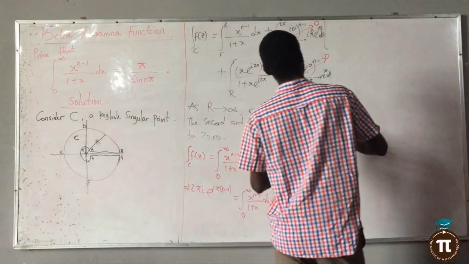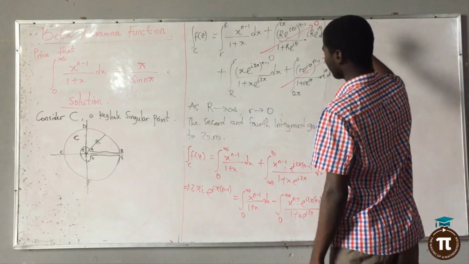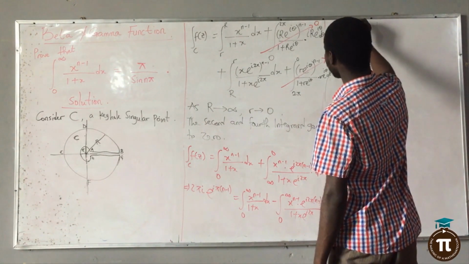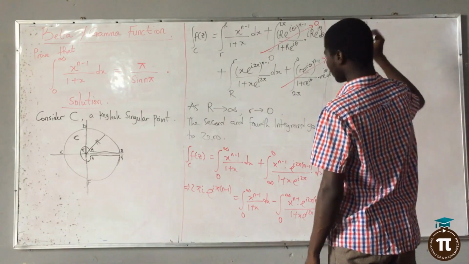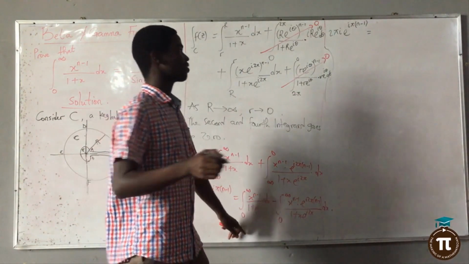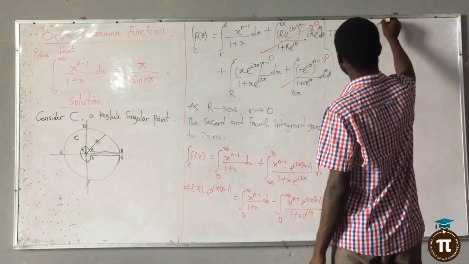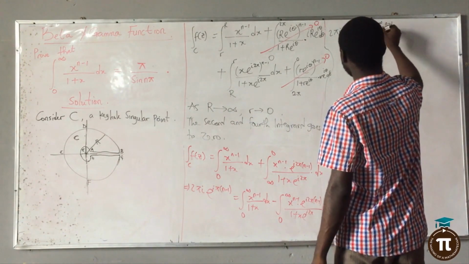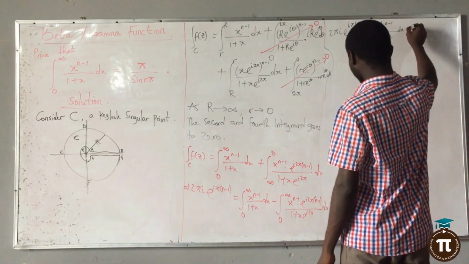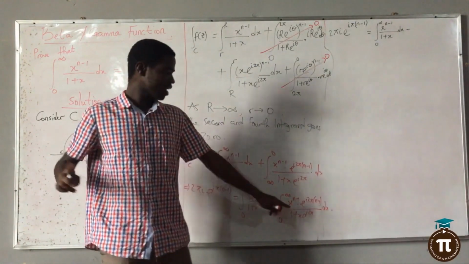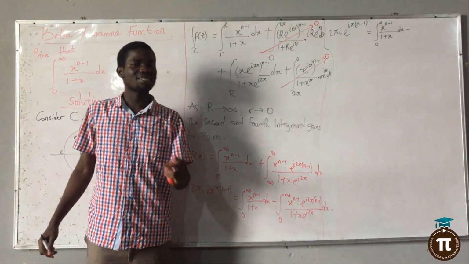So from here, this is 2πi e^(iπ(n-1)) equal to the integral from 0 to infinity of s^(n-1) over 1 plus s ds minus, now e^(i2π(n-1)) is a constant.